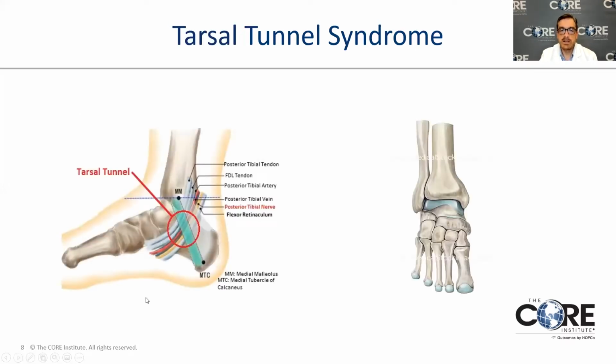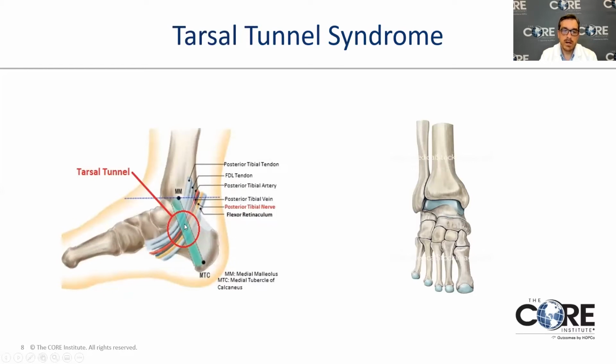So here in this diagram, just for a reference point, my cursor over here to the right of the screen is at the inside ankle. And if we go to the left picture here, this is showing the structures of the tarsal tunnel.